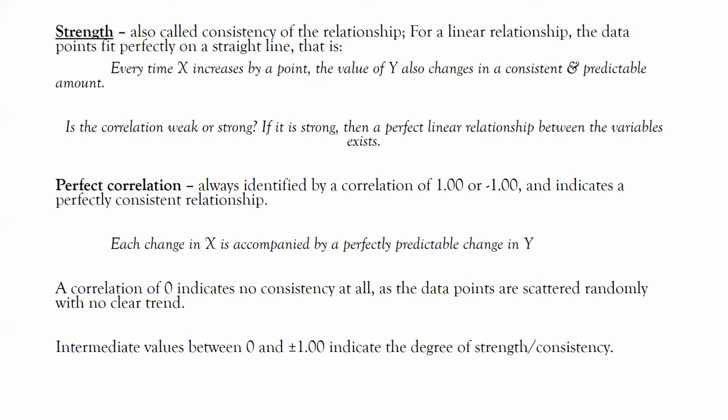Okay, the same way with negative 0.90 and positive 0.90. Those are still strong relationships. No, there's a clear trend to them. Magkaiba lang sila ng direction, no? Because magkaiba sila ng sign.